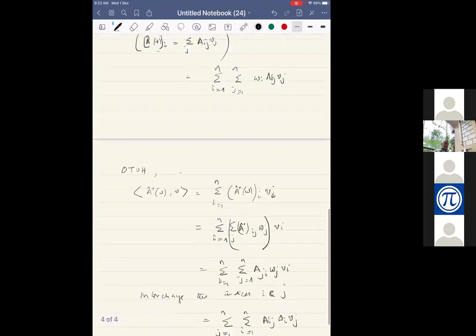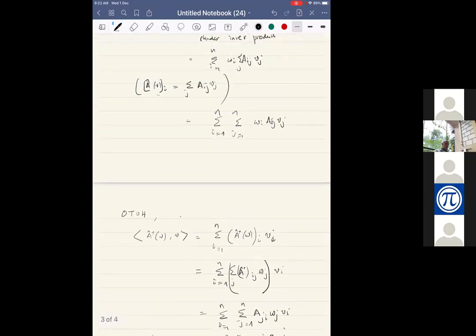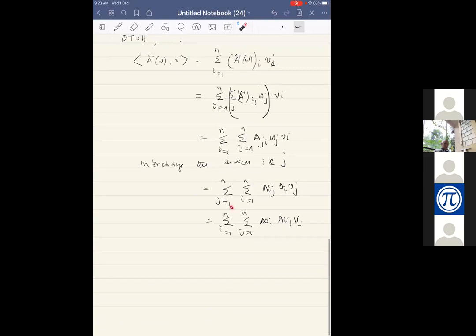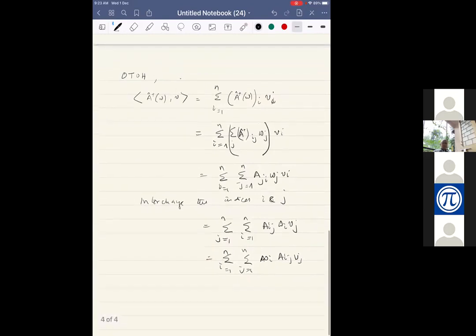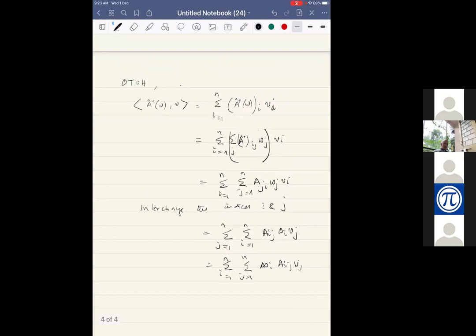Now compare with this. If you compare this expression and this expression, you see that they are the same. So I have gone a bit quickly here, but this is a computation that you should do on your own.